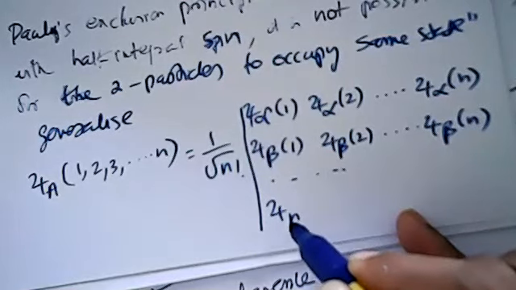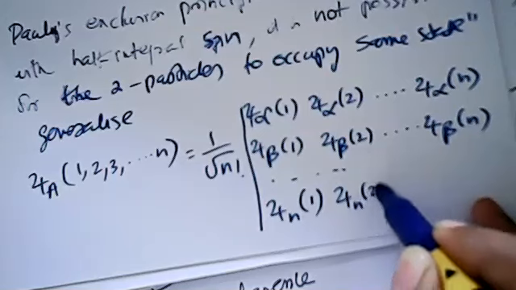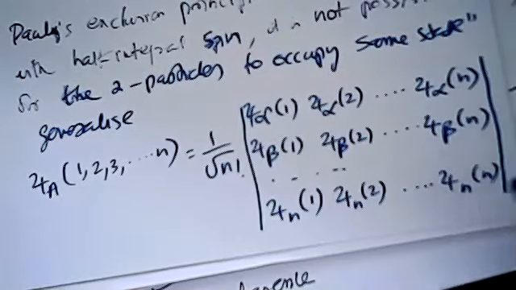No, not nth particle, nth state. So psi n of the first particle, then psi n of the second particle, etc., psi n of n. So the determinant will be of n by n order.